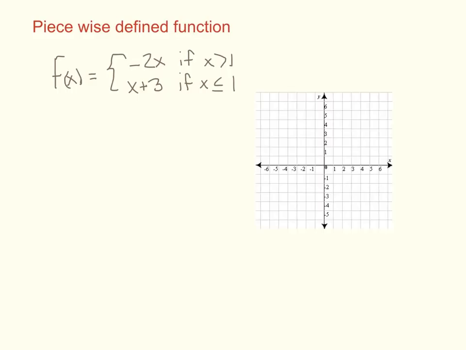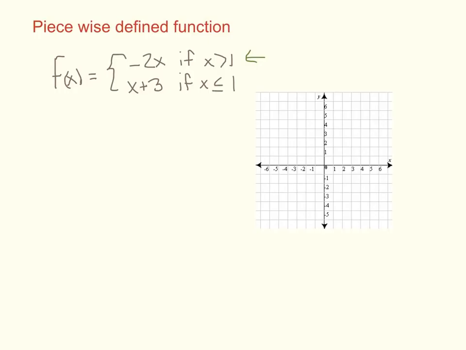Okay, so I'm going to look at just the first part of this. I'm going to look at this first statement right here. So it says I'm going to start at 1. Because it's not or equal to, that means I'm going to have an open circle there. If I plug in 1, I'm going to get negative 2 times 1 is negative 2. So I'm going to go to 1, negative 2.